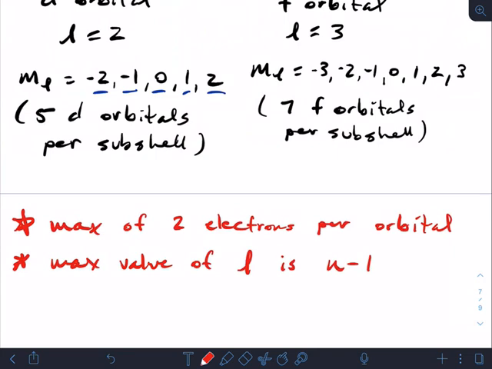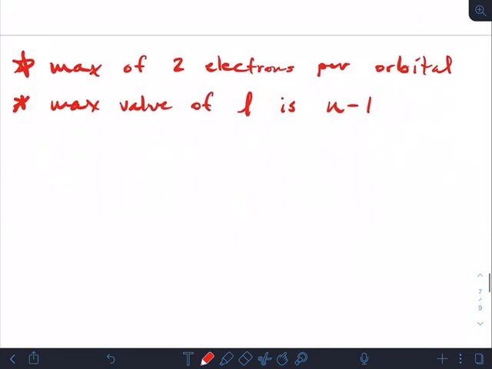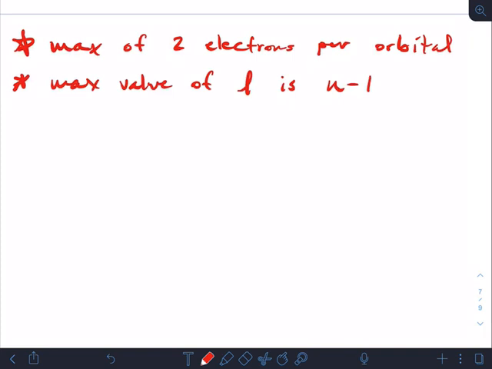So if I've got 5 d orbitals, each one of those d orbitals can hold a maximum of 2 electrons. If I fill up all my d orbitals, that means that 10 electrons can go there. Does that make sense?